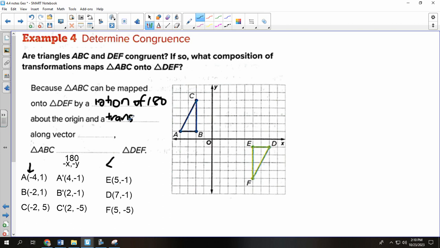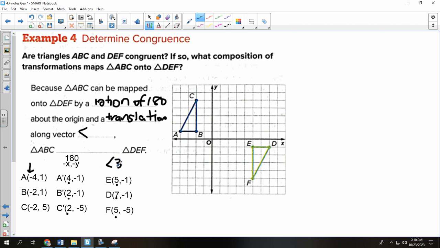I should have typed it, sorry. A translation along a vector. So you look, how do I get from 4 to 7, 2 to 5, and 2 to 5?